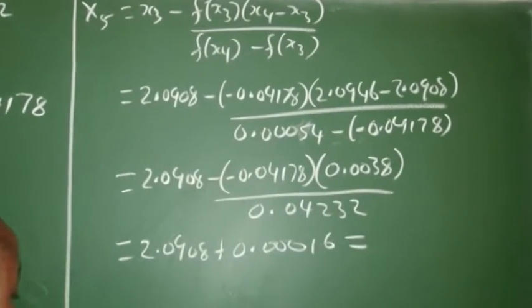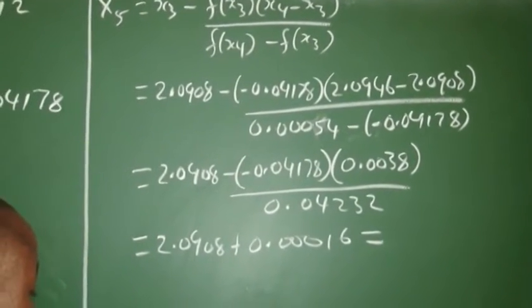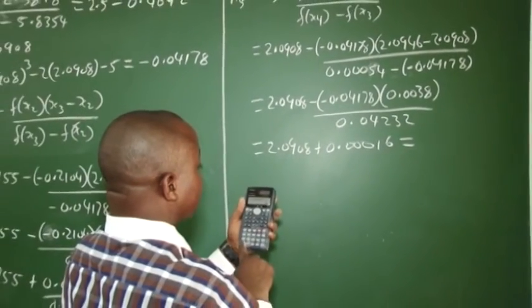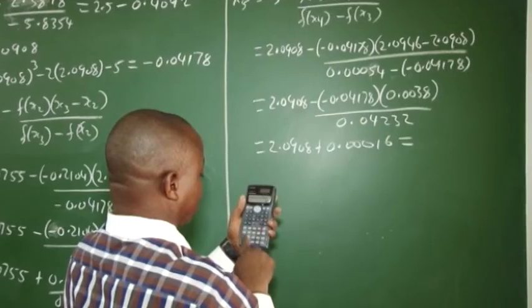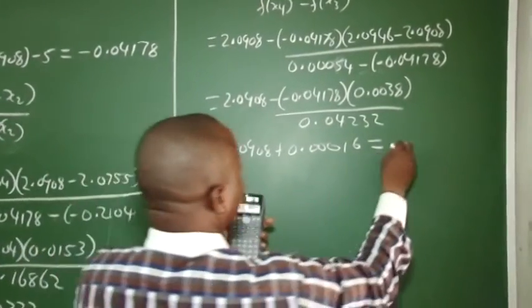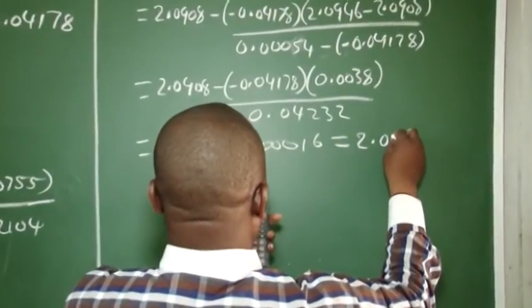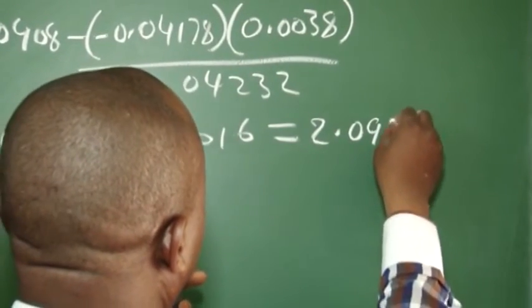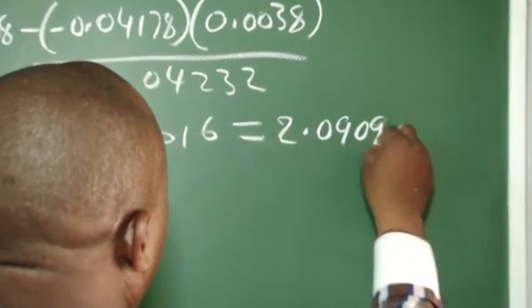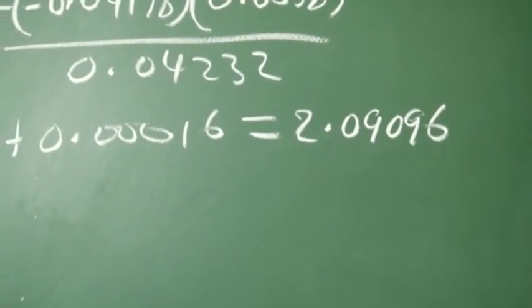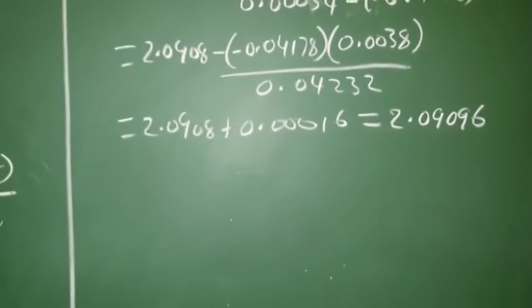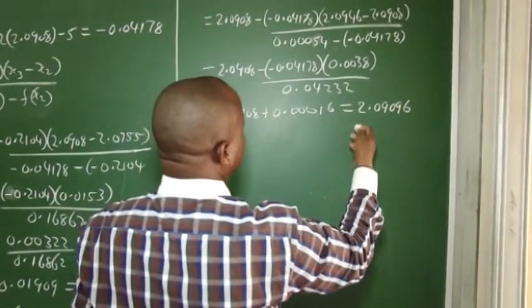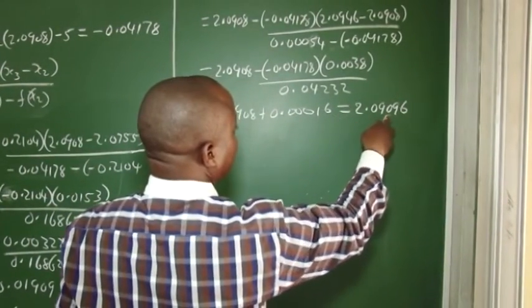Now if you add this, we have 2.0908 plus 0.00016. This gives us 2.09096.